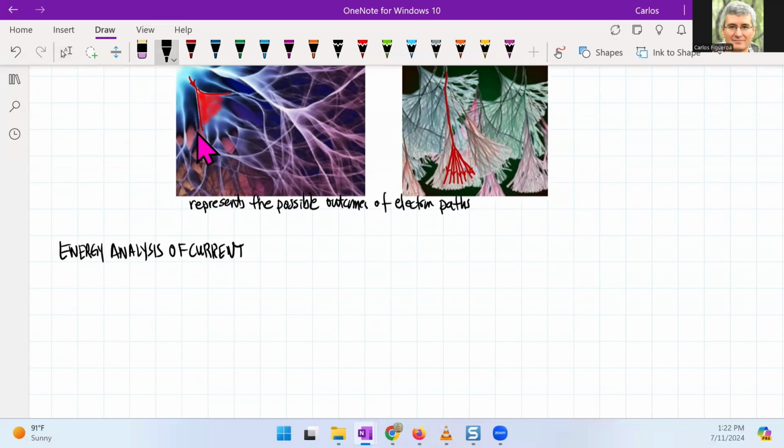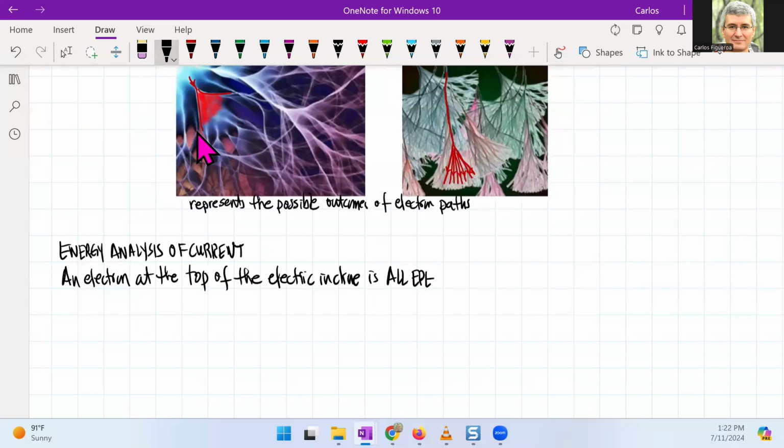So an electron at the top of the electric incline is all electrical potential energy. We don't have to do that. I'm just assuming that the initial kinetic energy is zero. I don't have to do that. It just makes it easier.